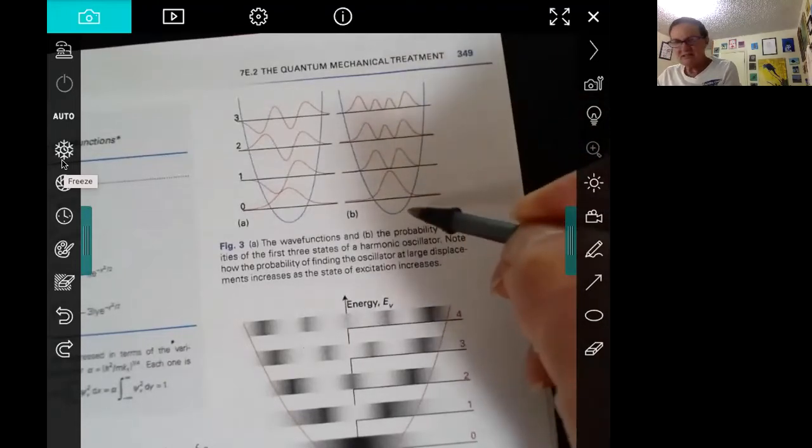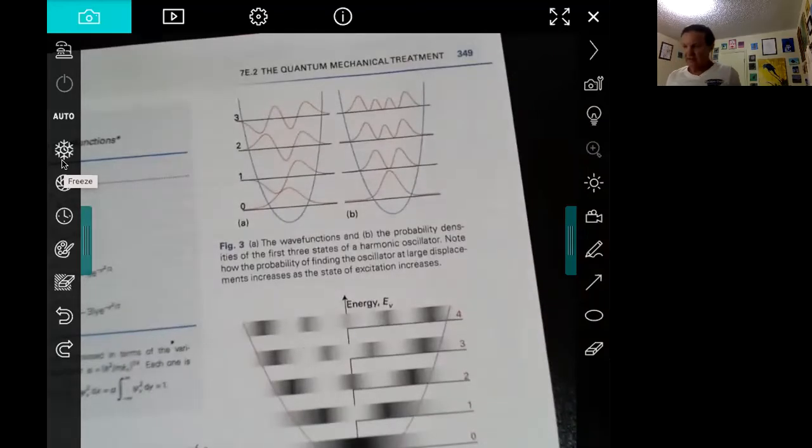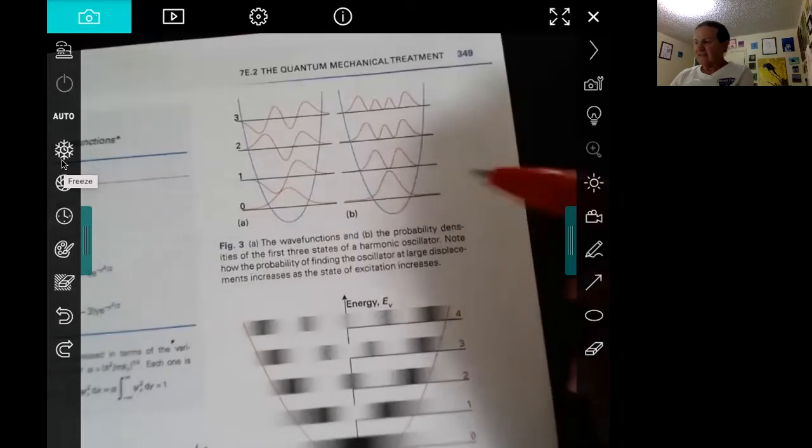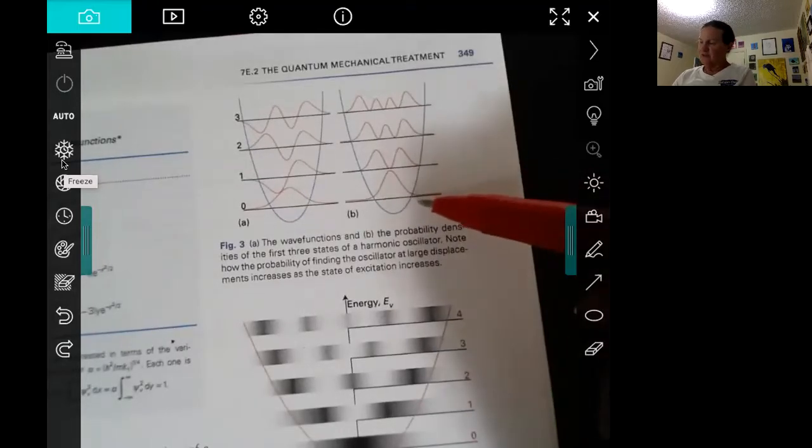Probably the strangest thing about it is as you think about this, if the particles are stretching and compressing beyond where they'd be at equilibrium, then as they stretch, they slow down, and then they stop and they turn around. And the same thing, they compress, they slow down, they stop, and they turn around as the kinetic energy becomes potential energy. So that's exactly the opposite of what this shows in the ground state.